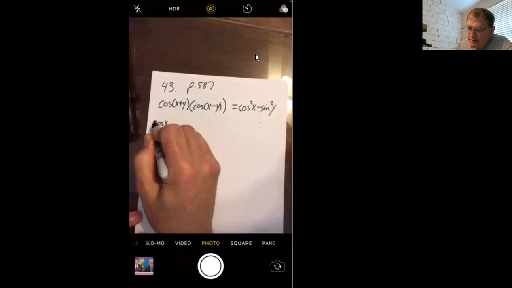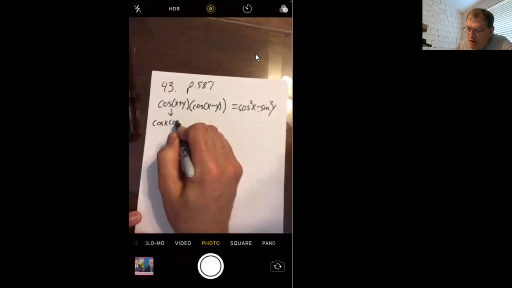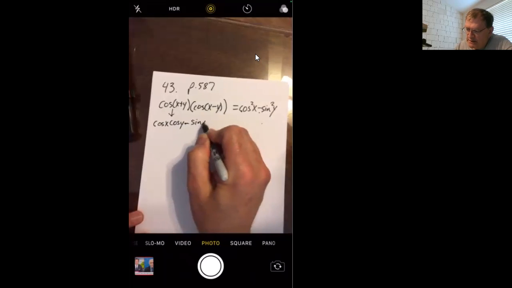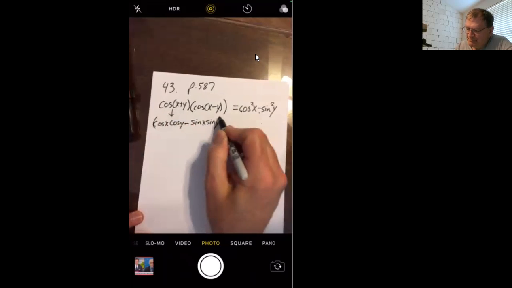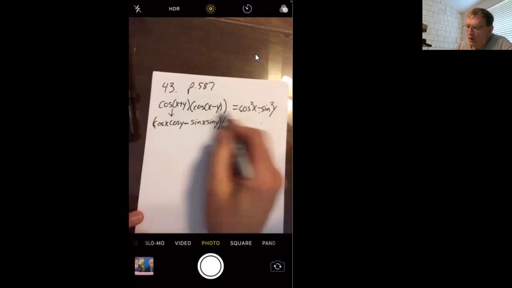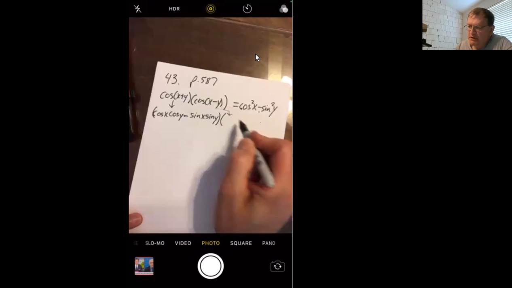Cosine x, I'm doing this piece right here. That'll be cosine x, cosine y, subtract sine x, sine y. Now that's going to be in parentheses because it's going to turn into a big FOIL. Each of these things go to two pieces. This comes over here.